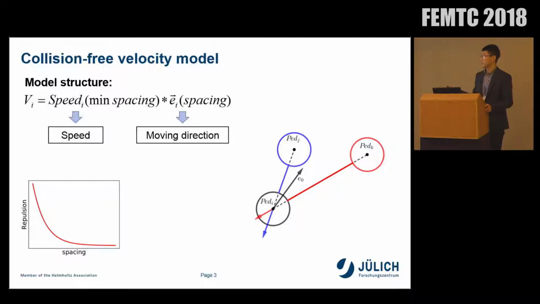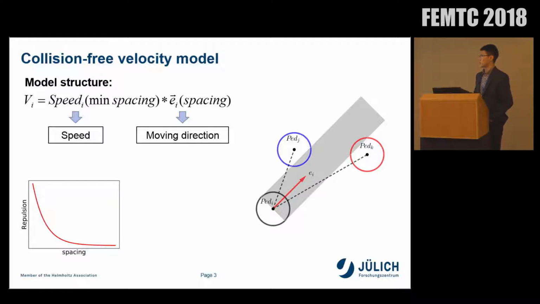When the spacing between two pedestrians is bigger, the repulsion function is smaller and the influence is smaller too. Then we can sum these three vectors, and we get the moving direction of the pedestrian. It's represented by the red vector in this figure. After getting the moving direction, a gray area is formed in front of the pedestrian.